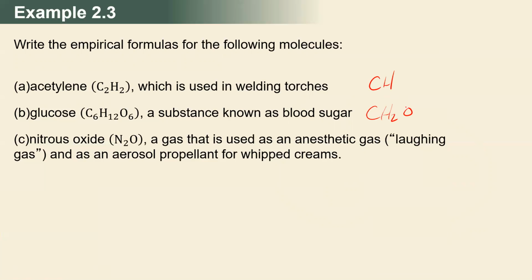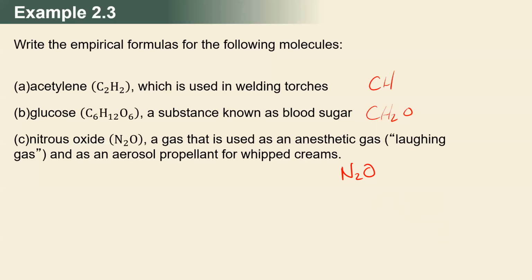Right. Nitrous oxide is laughing gas. What's the empirical formula for nitrous oxide? N2O. That's kind of like H2O. The empirical and the molecular formula are exactly the same. So sometimes we can simplify, sometimes we can't. Okay. So that's molecular versus empirical formulas.